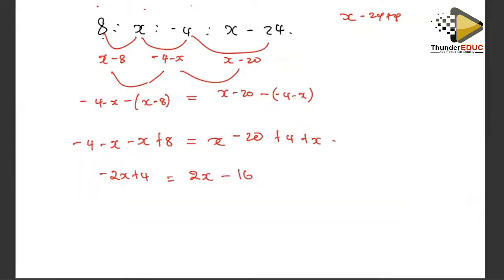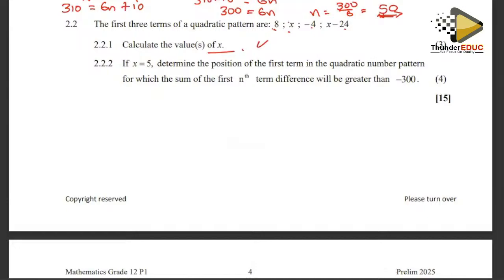Let's collect the like terms, move the 2x to that side, move the 4 to that side. So negative 4x is going to be negative 20, and then x is going to be just 5. All right, so that is what we are getting, just one value of x. Then, if x is 5, which confirms that, determine the position of the term in the quadratic pattern for which the sum of the first nth term difference will be greater than 300.